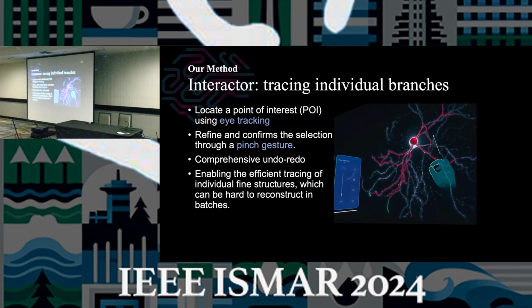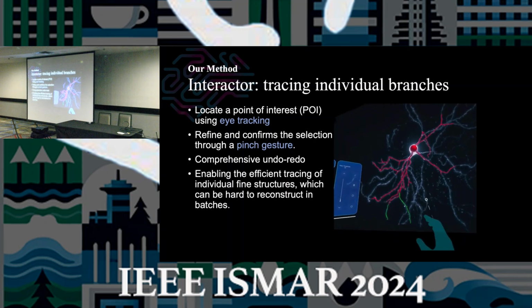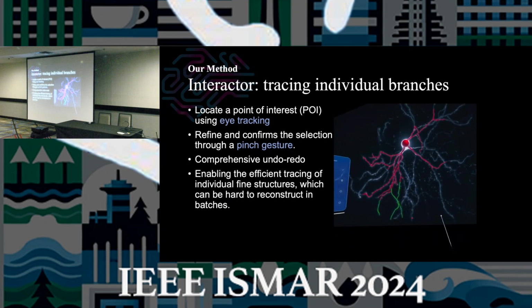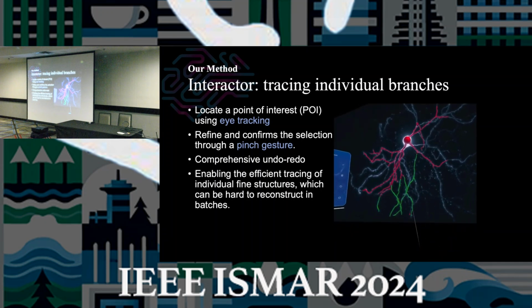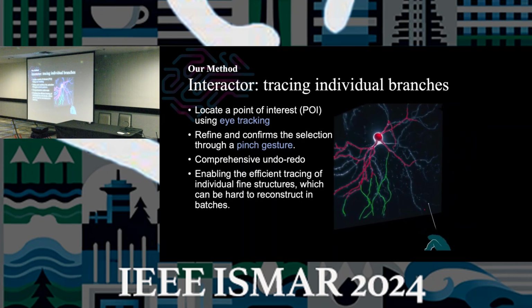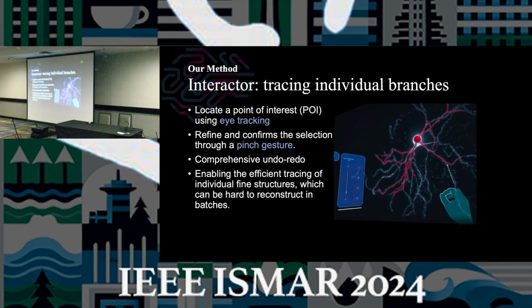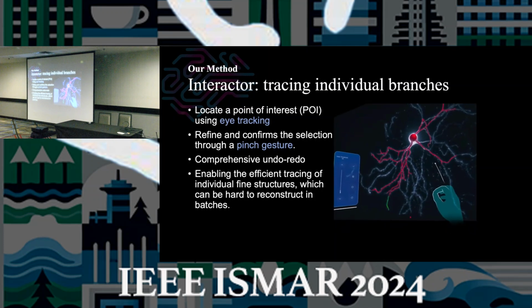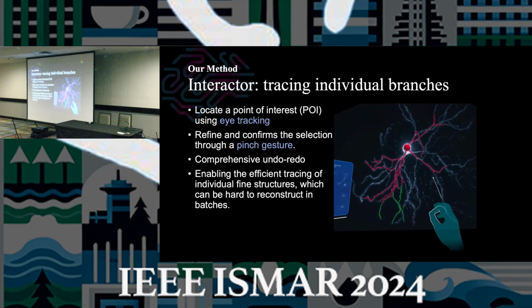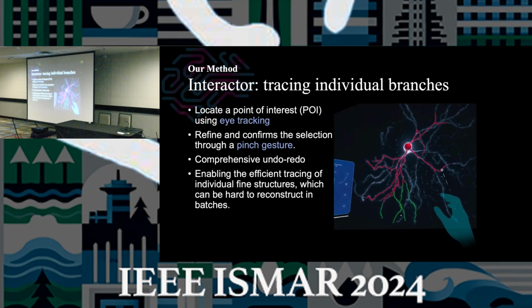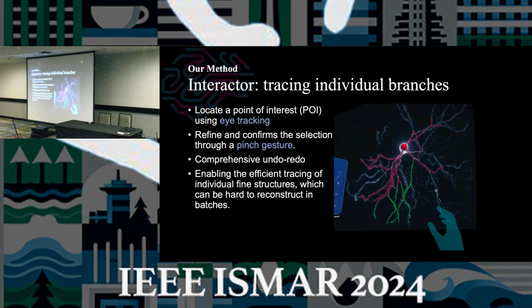Once confirmed, the system updates the tracing to include previously missed branches. This seamless integration of eye tracking and hand gesture gives users precise control over the tracing process, making our system not only more efficient, but also more intuitive.